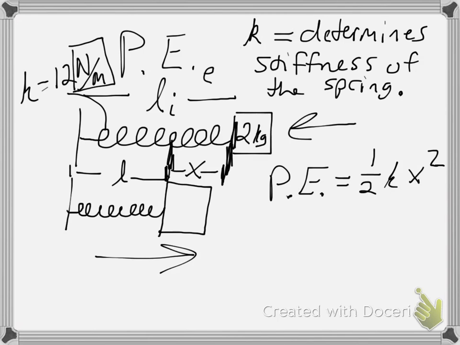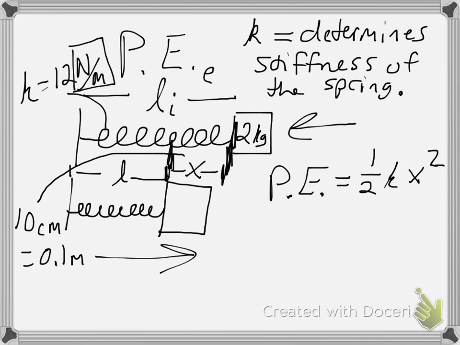And we compress the spring, let's say 10 centimeters, which is equal to 0.1 meters.